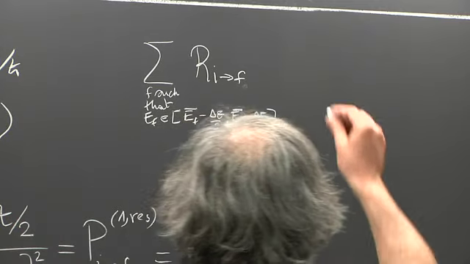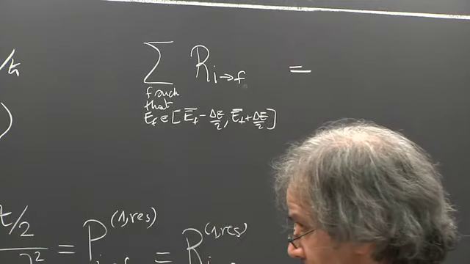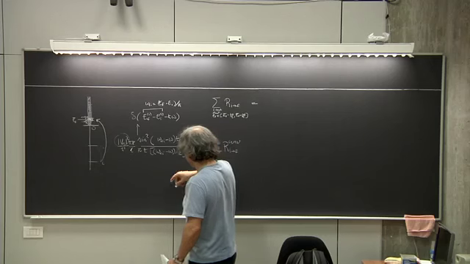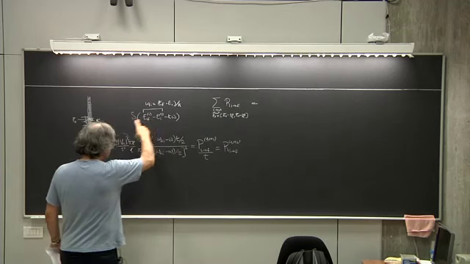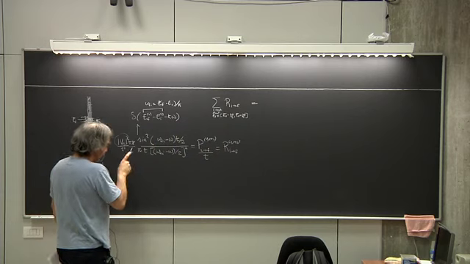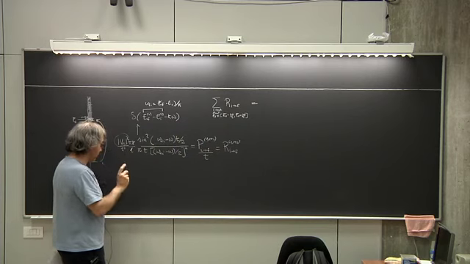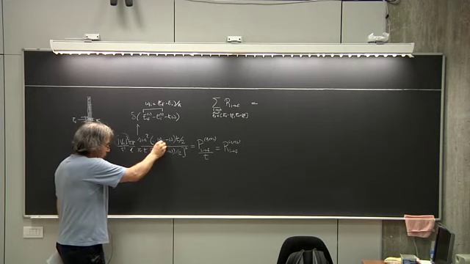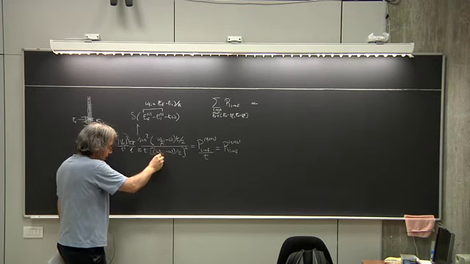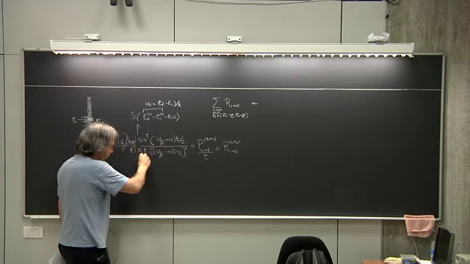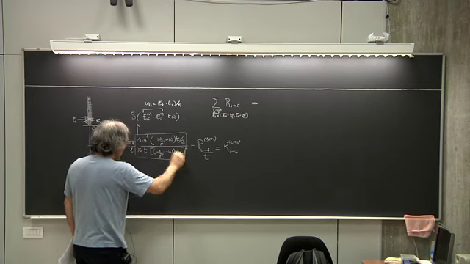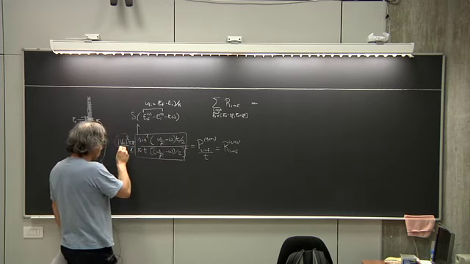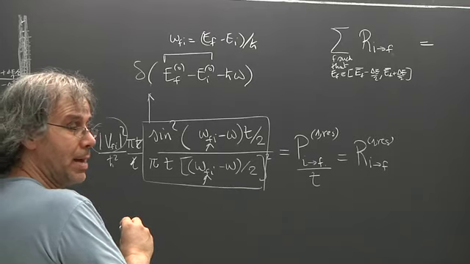Now, this is nothing but the sum of essentially these terms, okay? Now, there are two sources of dependence on the final state. One is through here, and therefore through this factor. And another is through here, okay?